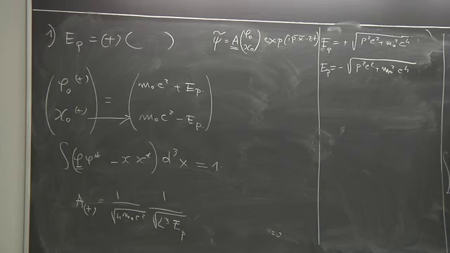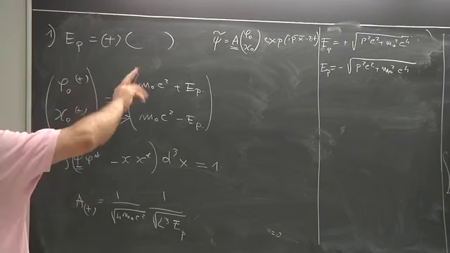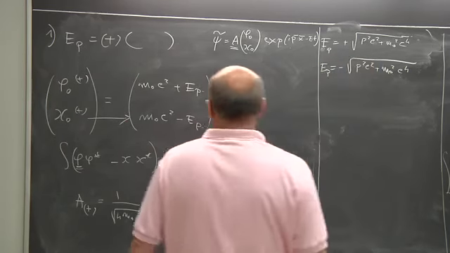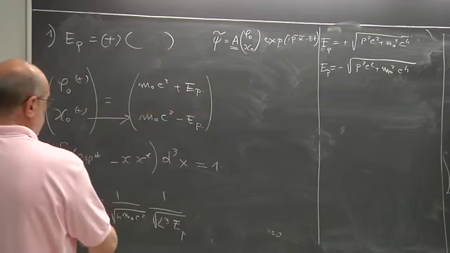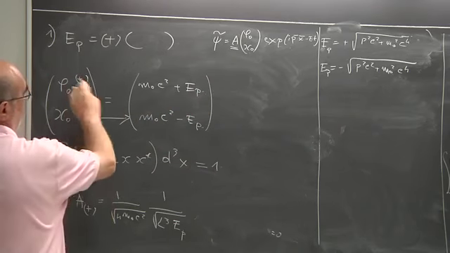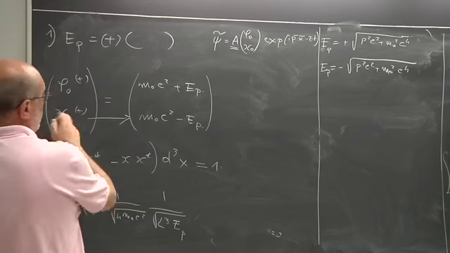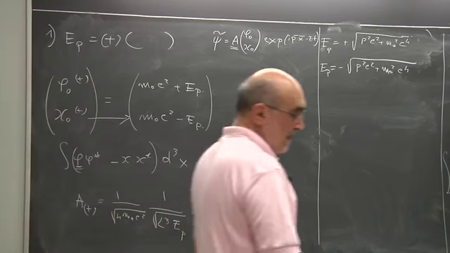So now we have determined everything, at least for the case in which we choose the positive branch of the two energies. This is the expression of A plus, and we have the expression of this, modulo, of course, the freedom that I have in choosing one of the two components.